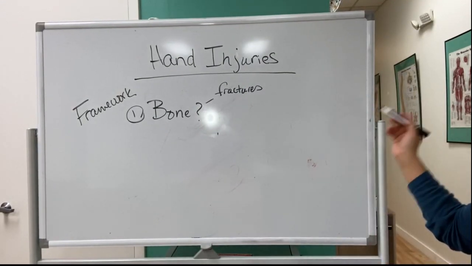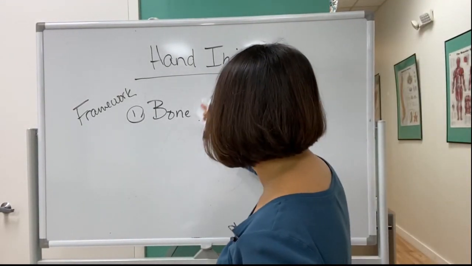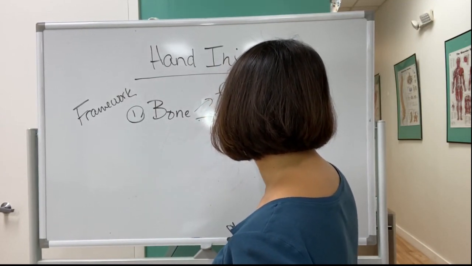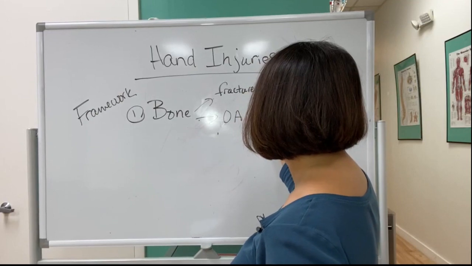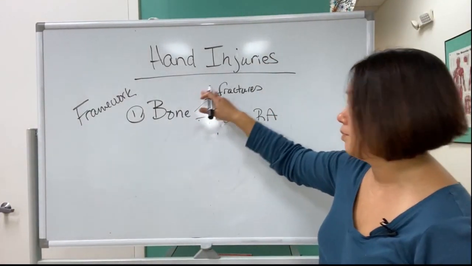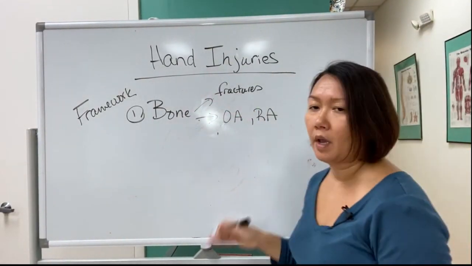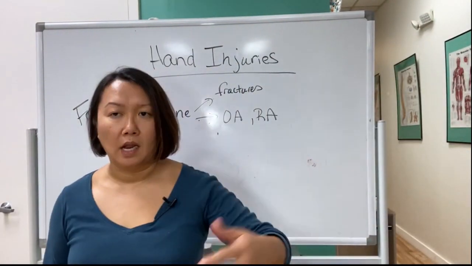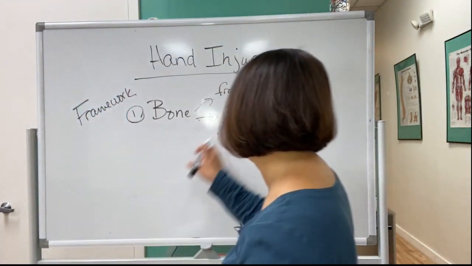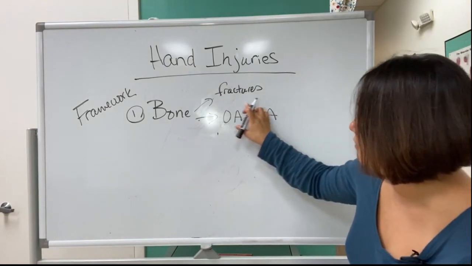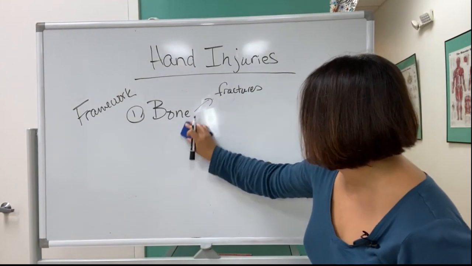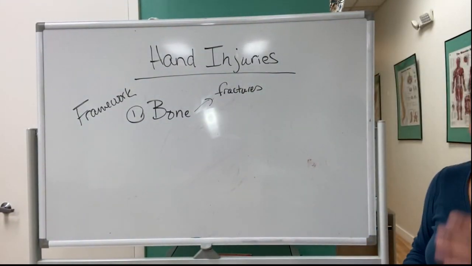If it's a bone problem, it could be a fracture, or a chronic thing like arthritis. You have osteoarthritis, rheumatoid arthritis, different types of arthritis, but these are essentially your bone problems. With arthritis, it's age, or traumatic arthritis injury, and RA is a whole different inflammatory process. But let's break it down even further and just talk about fractures, right?